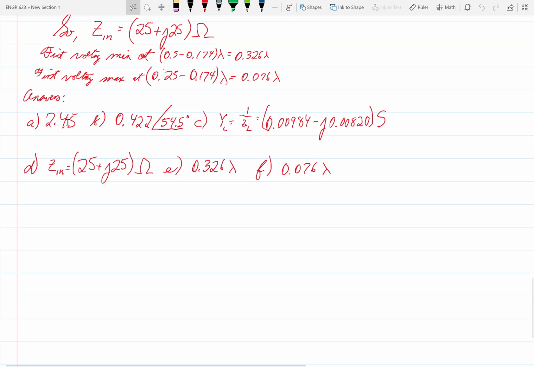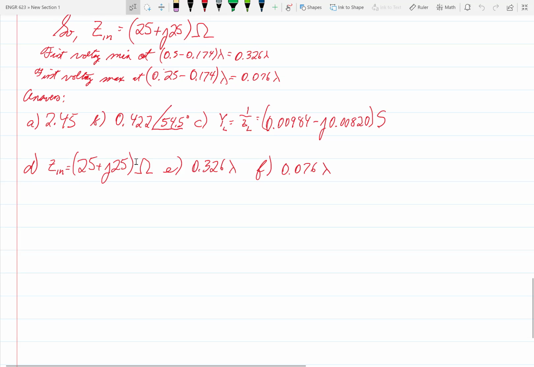Here's your standing wave ratio: 2.45. The reflection coefficient is 0.422 at an angle of 54.5 degrees. The input admittance is 1 over the input impedance, so that's easy. You don't need the chart for that one.